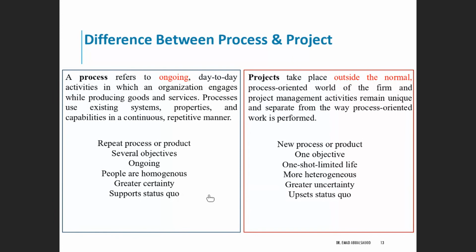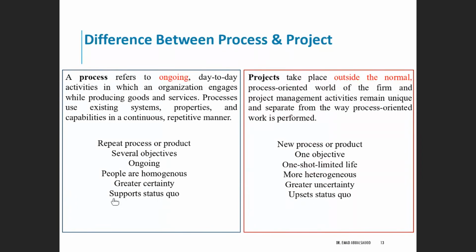Greater uncertainty for projects, greater certainty for processes, of course, because a process has clear results, and it's designed and operated over time. So you expect certainty there. Here you are planning and projecting, hopefully that you get what you expect, with no delay or something happening on the way.